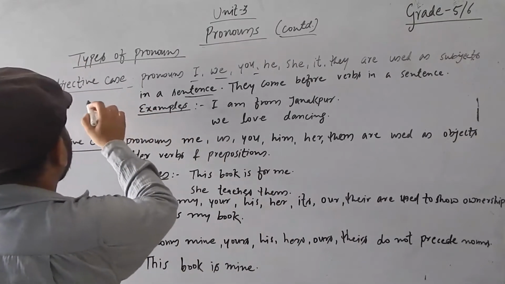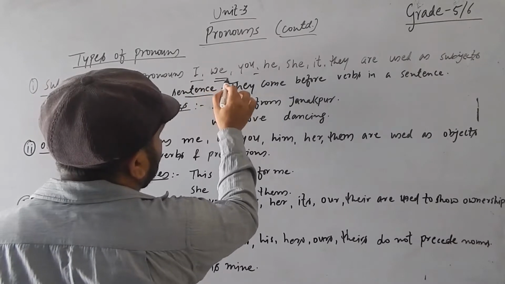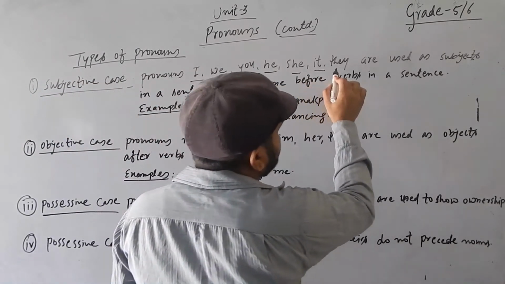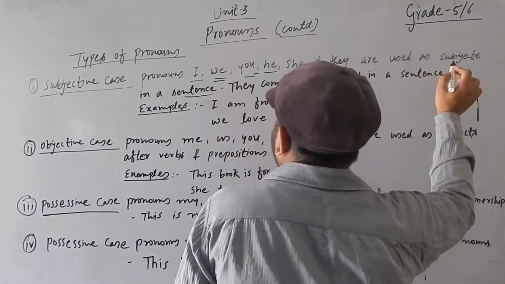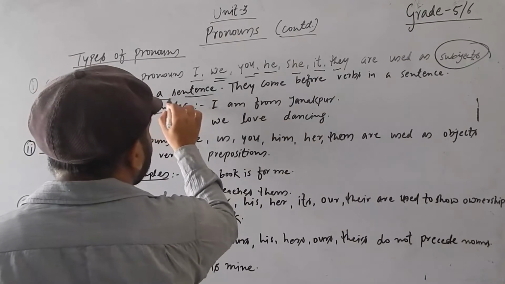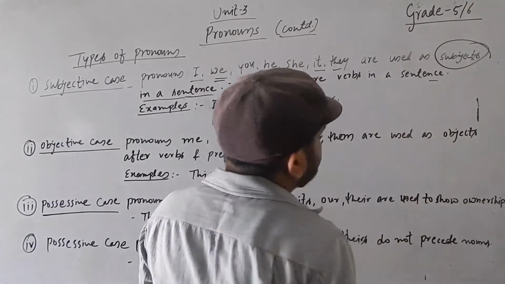Now see the detail. Subjective pronouns I, we, you, he, she, it, they are used as subjects in a sentence. They come before verbs in a sentence.